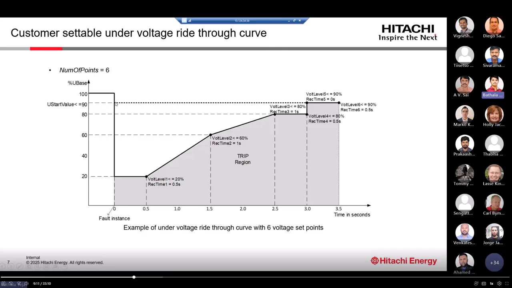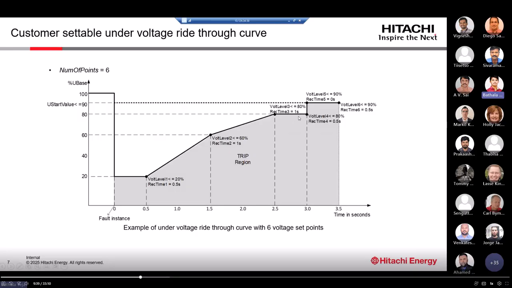That means from the moment of under voltage detection, you can see the way the points are considered. If the voltage level is varied like this, you can achieve a slope. If you want a horizontal line, you have to maintain the same voltage level for the next voltage and then give the time.